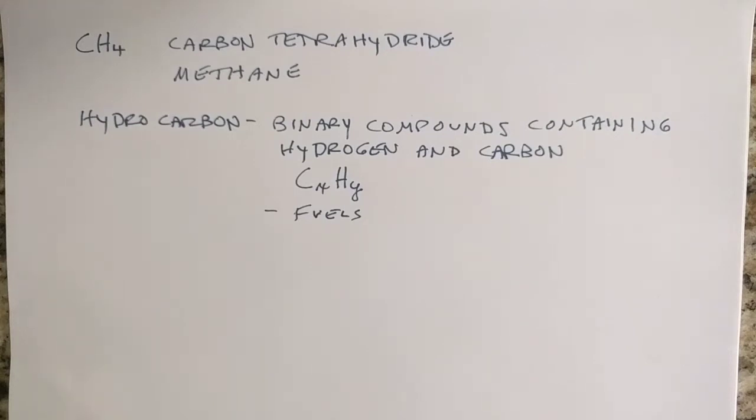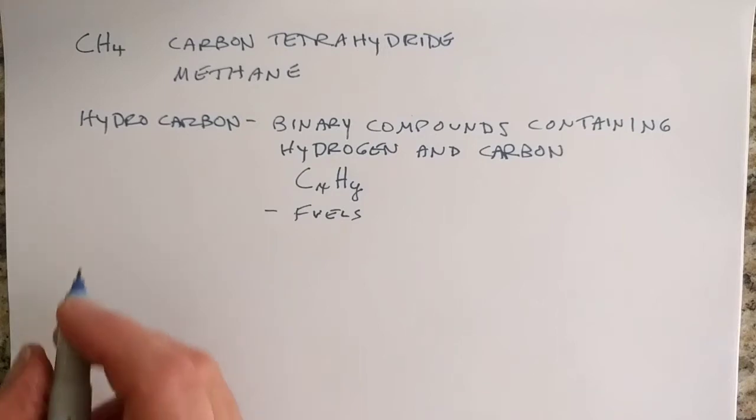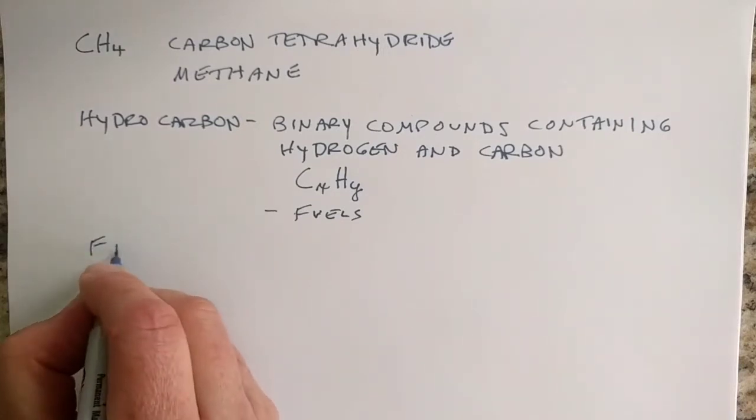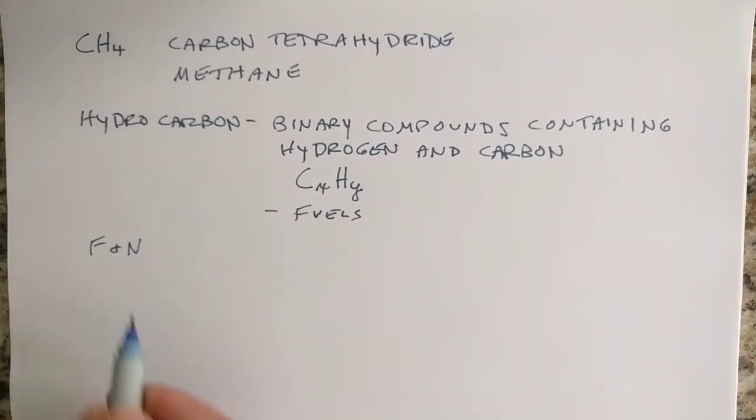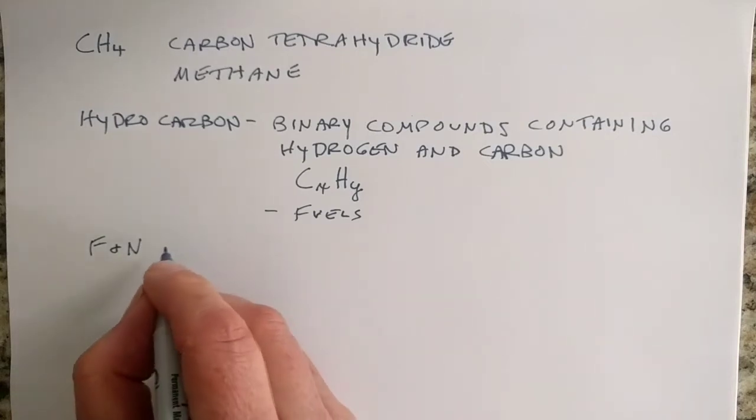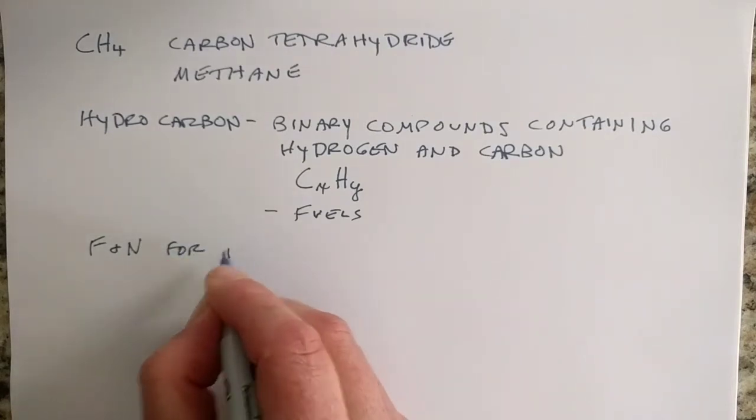We get heat and light. So they're a very important class of compounds. Now, there's thousands of hydrocarbons, but we're going to concentrate on a small subset of hydrocarbons. We're going to do the formulas and nomenclature, the formulas and the names, for hydrocarbons.